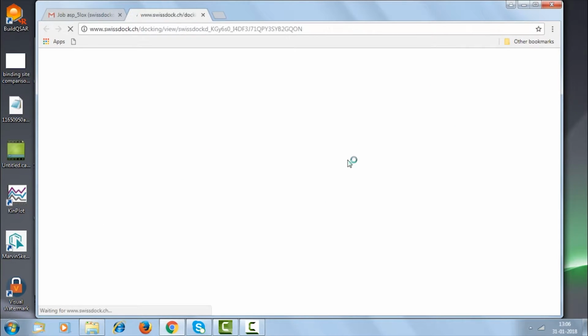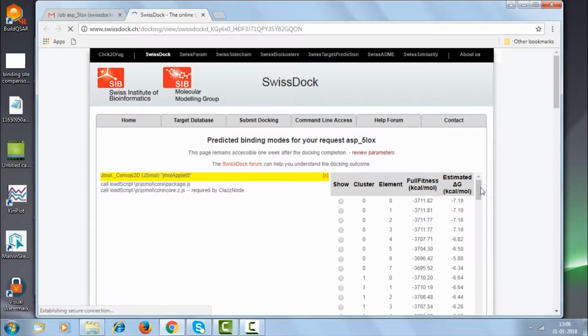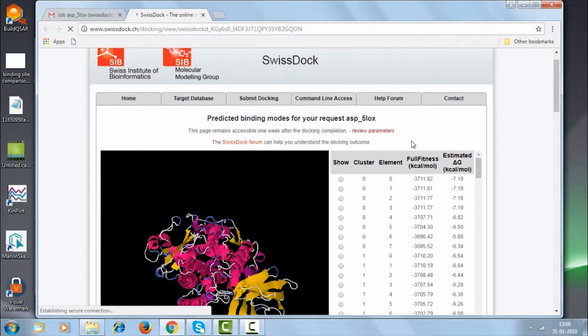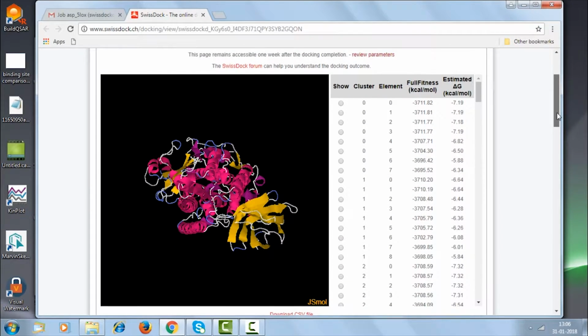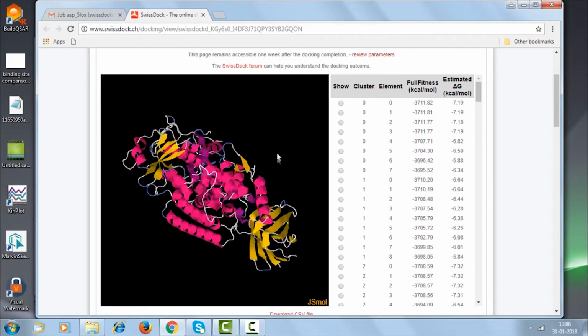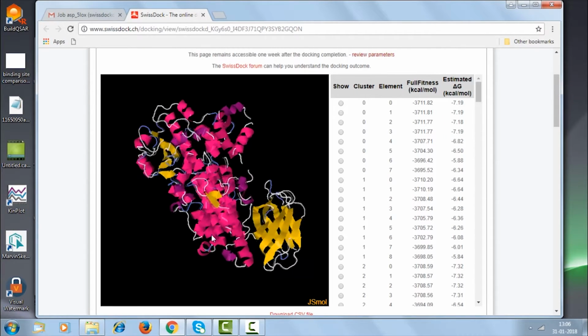Okay, like this. Okay, if you click on the results, as you can see here, you can see the binding energies between aspirin and Philox. In fact, that's what we gave, the 3V99 and aspirin. We gave aspirin in mol2 format, 3V99 as a PDB.